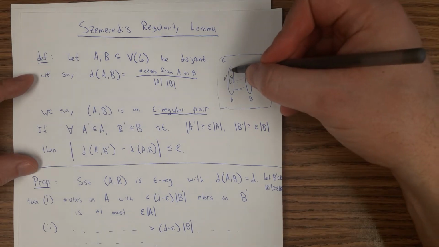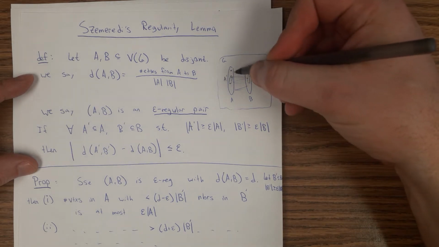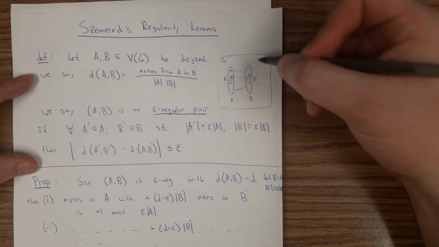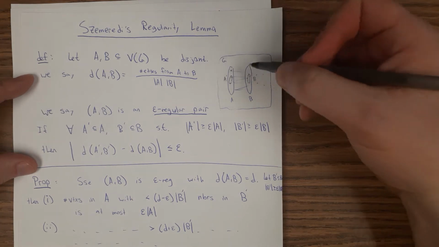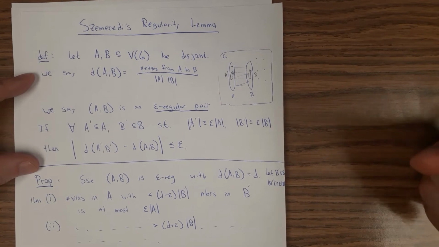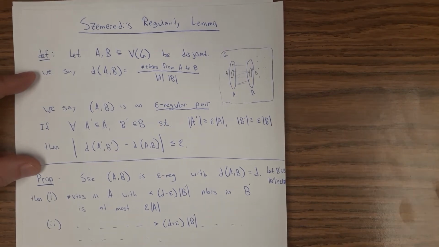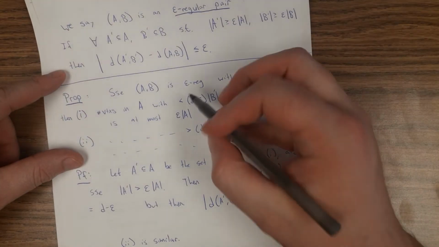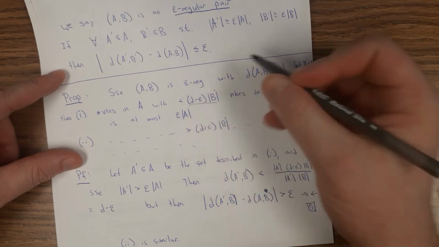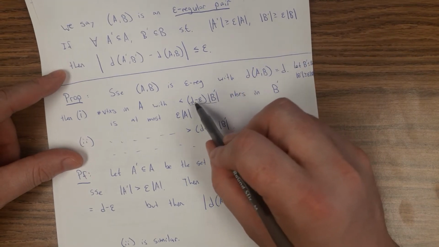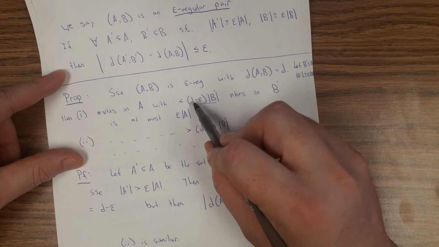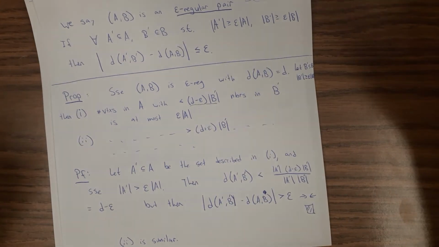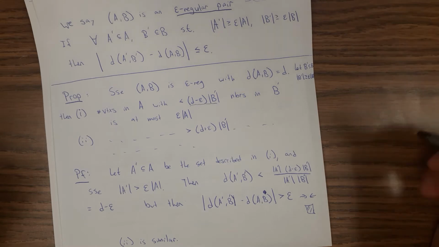So I would expect out of these B prime many possible edges, a proportion of D of them to actually be there. And this is almost saying that. It's not saying that a D proportion is there, it's saying D minus epsilon. We're giving away a little bit. Epsilon is like an error term.